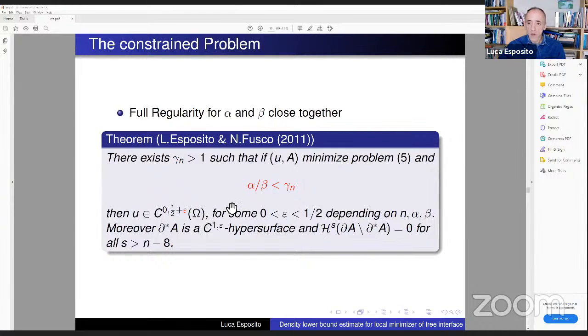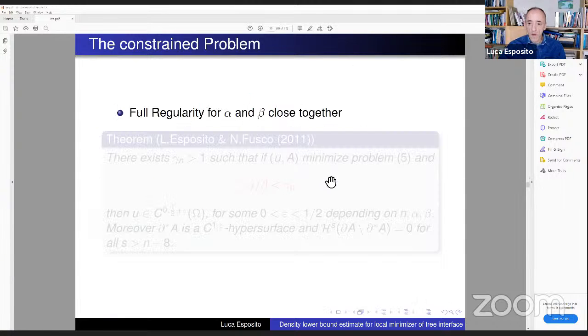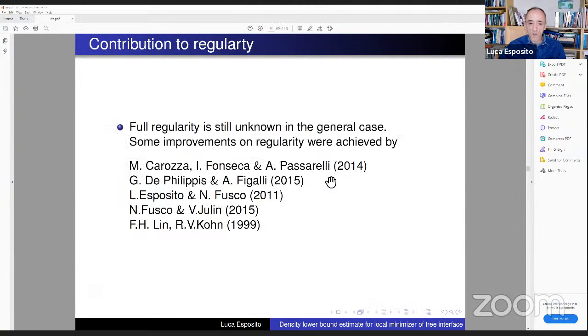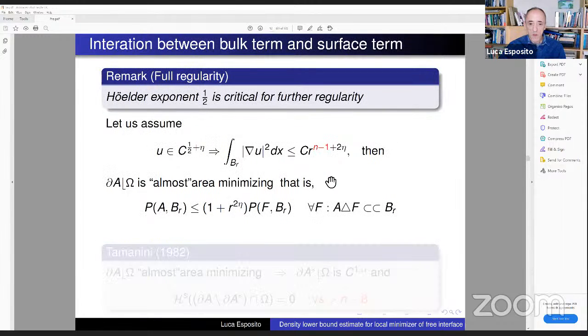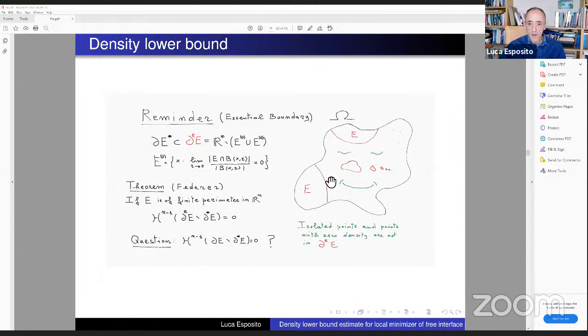I think we have received a question from Johannes Osborne. He says, "Thank you for your talk. To what extent is it necessary to introduce the perimeter penalization in the cost functional?" Maybe he can ask the question directly. Yes, hello.